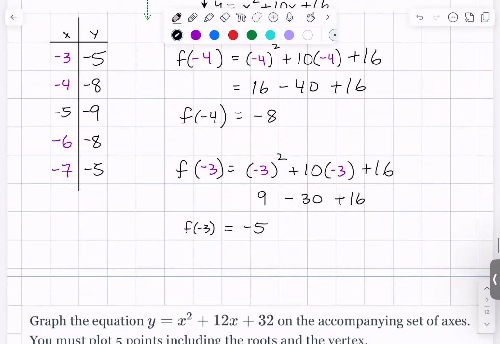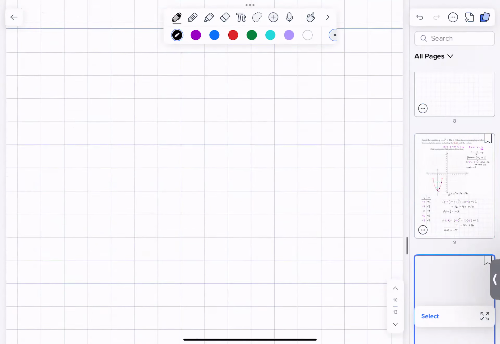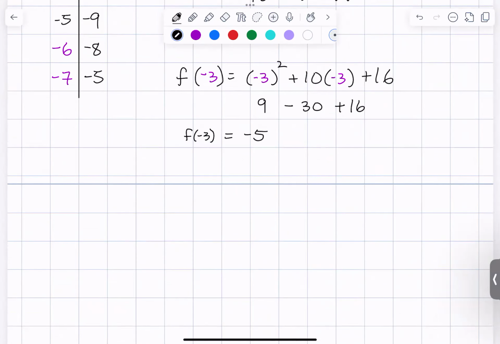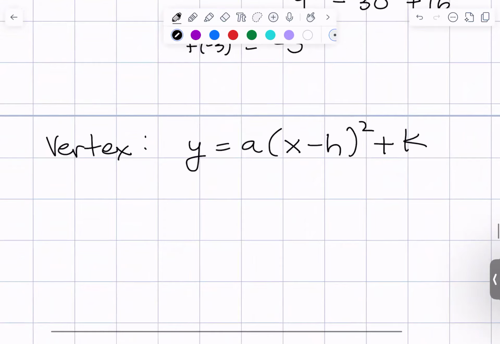Now let me add a page. Let's talk about our vertex form. Remember, our vertex form is y equals a times x minus h quantity squared plus k, where h comma k is your vertex. In vertex form, or in transformations, what does my a do? What does this value do to the graph if you had to describe it using transformations?